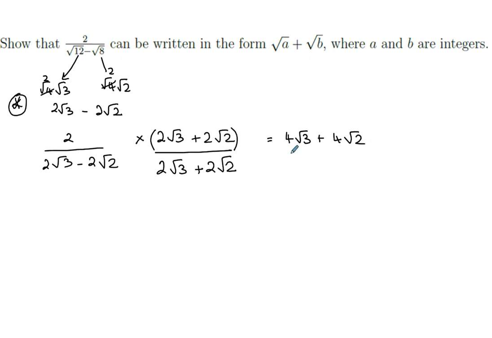Okay, and at the bottom, let's try this. So we know we're going to do that squared minus that squared. So 2 times 2 is 4, and then surd 3 times surd 3 is 3. So 4 times 3 is 12, minus, and then 2 times 2 is 4, surd 2 times surd 2 is 2, so 4 times 2 is 8.